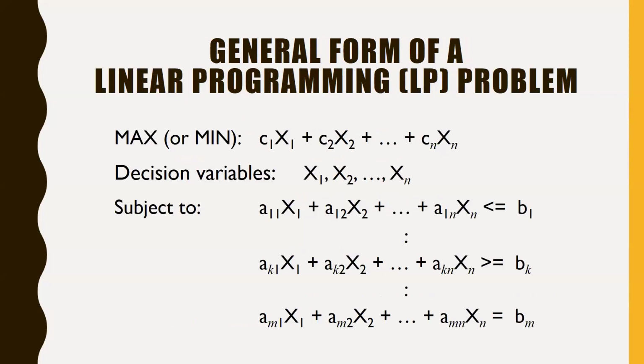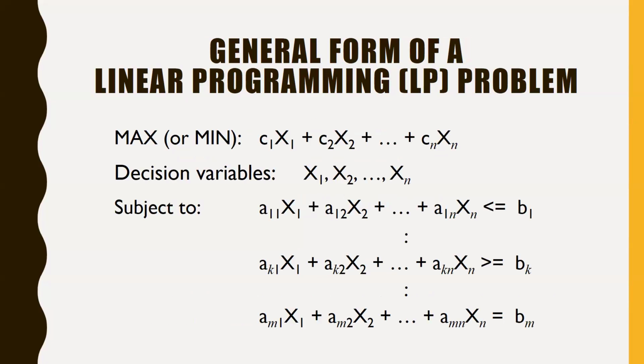Okay, for example, we have the objective function c1 x1 + c2 x2 + ... + cn xn, and the decision variables x1, x2, ..., xn, and maybe we have some constraints, or subject to. This is quite complex.